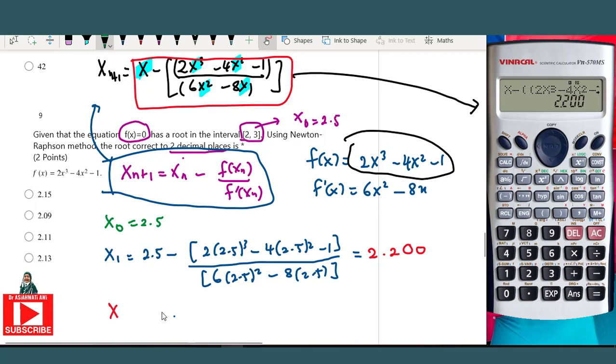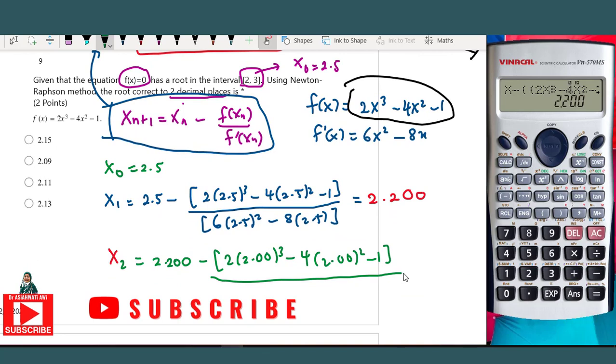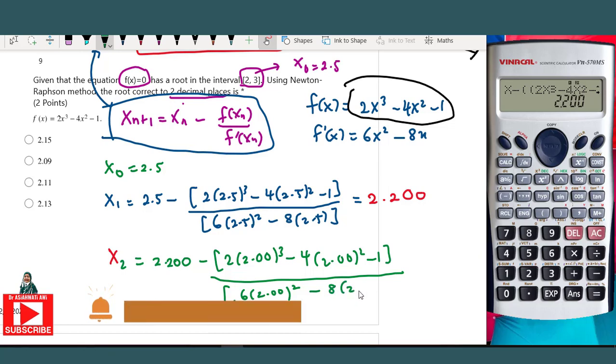The next step, find x2. It is 2.200, and then here is 2.200 cubed minus 4 times 2.200 squared minus 1 over 6 times 2.200 squared minus 8 times 2.200, and close.